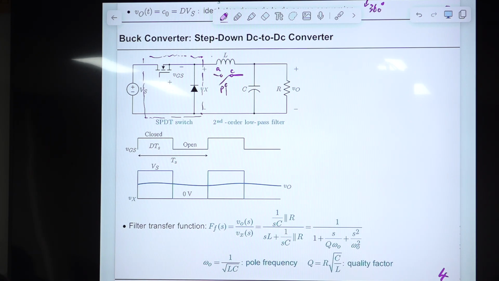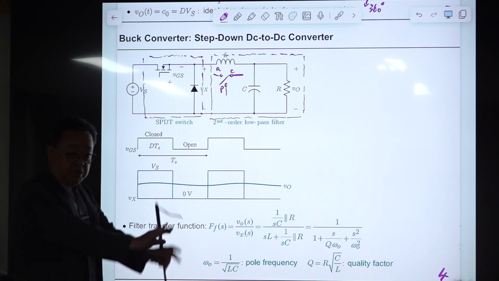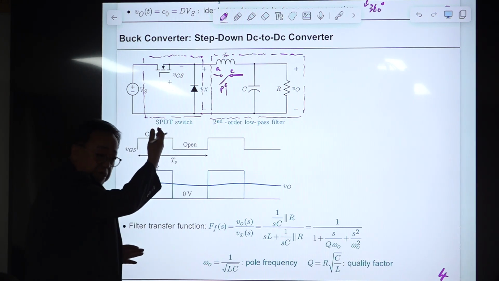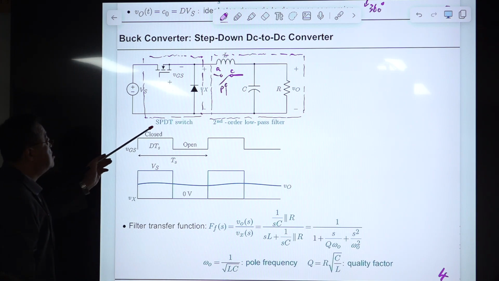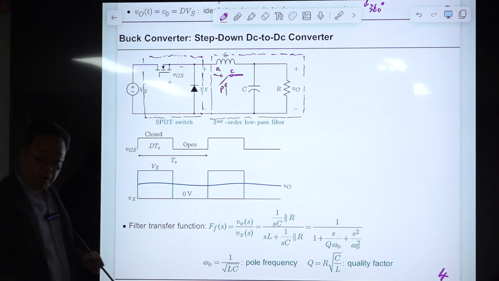And the ideal low pass filter is implemented using this LC. Assume this R is the load resistor, and the combination of these three components functions as that function. Actually, it is a second order low pass filter, right? So this ideal DC-to-DC power conversion is practically implemented with this SPDT switch and the second order low pass filter, which is called the buck converter.